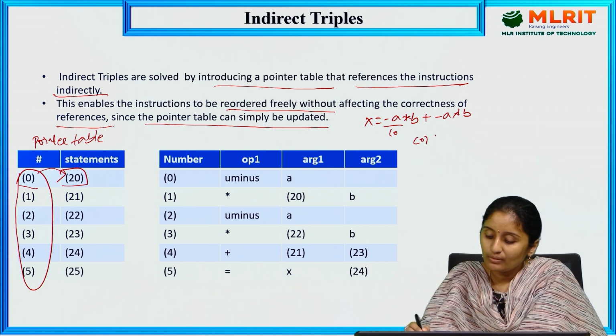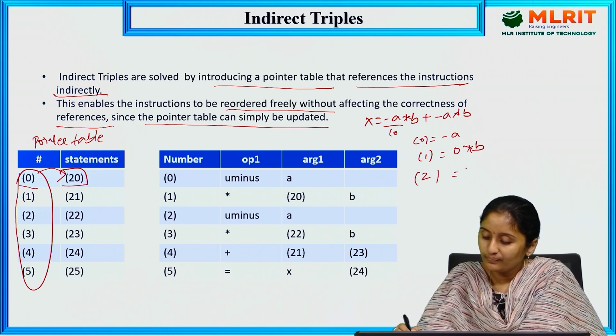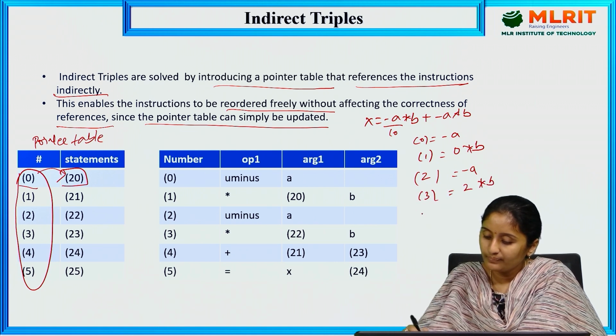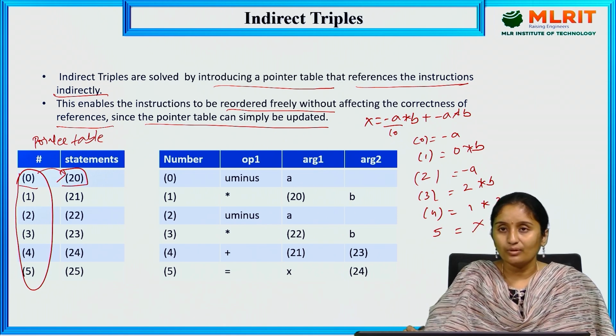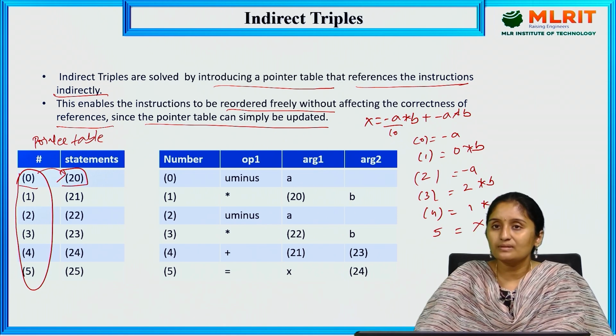Nothing but 0 is equal to minus a. 1 is equal to 0 into b. 2 is equal to minus a. 3 is equal to 2 into b. 4 is equal to 1 plus 3. 5 is equal to x. So these are the statements that we are going to use.